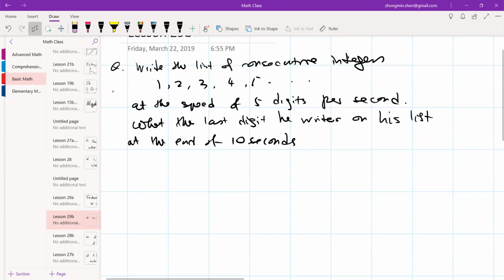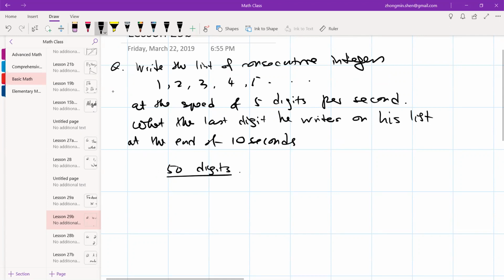Okay. So think about per second, right? Per second, 5 digits. So that means 10 seconds, you write down 50 digits, right? So that's 50 digits at the end of 10 seconds.